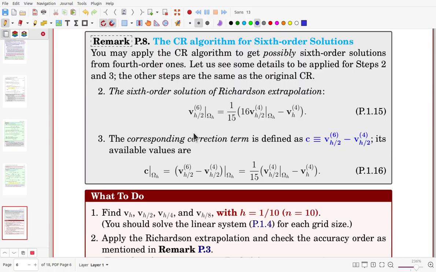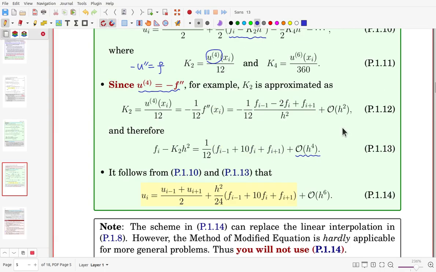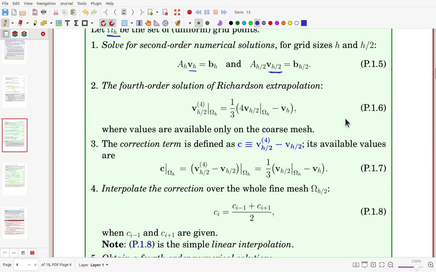Once you apply the CL algorithm for sixth order solutions, you can do almost the same as in the original CL algorithm. But there are some differences. Okay, let's go back to the CL method.